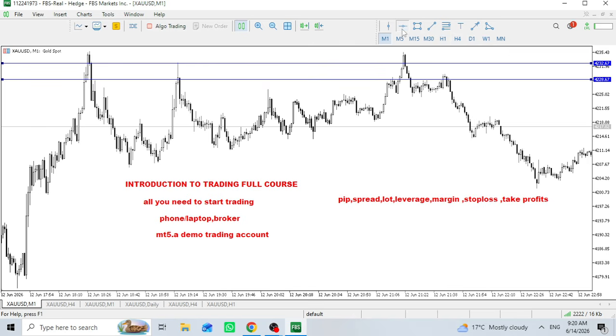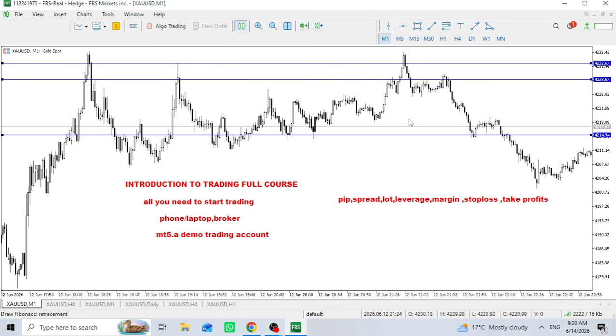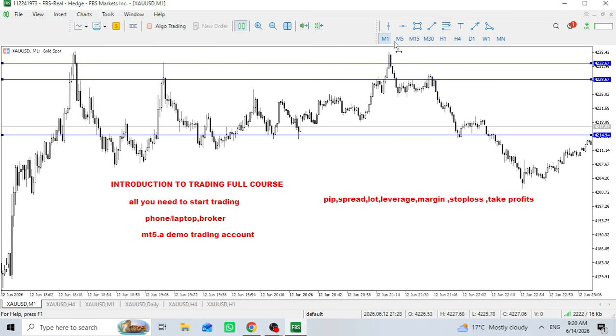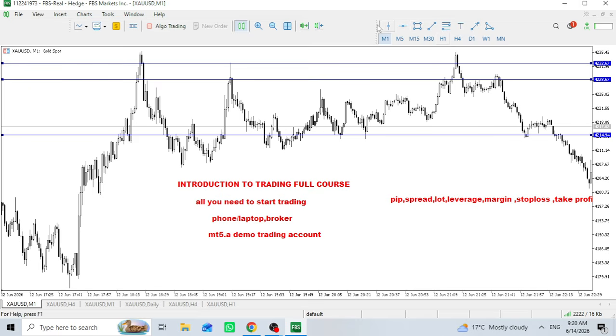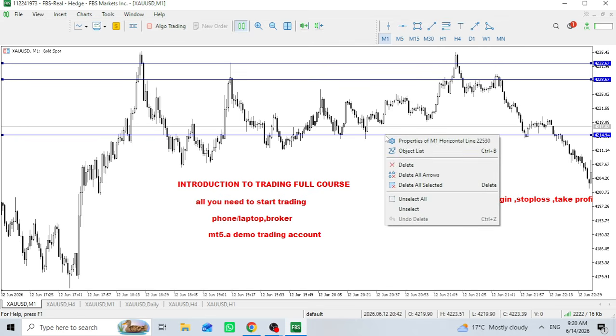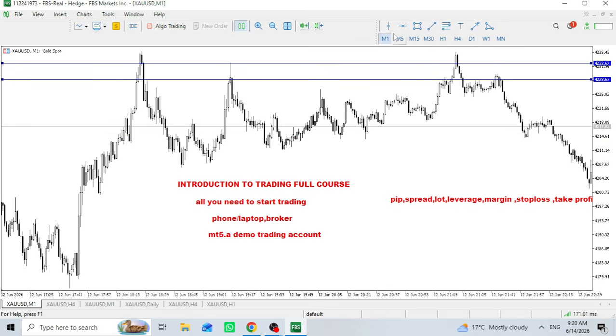This is the lines, and the fibs are there. If you click this small tab for time, these are called time frames. Let me show you. If you click to the upper side and right click this way, you will see time frames.